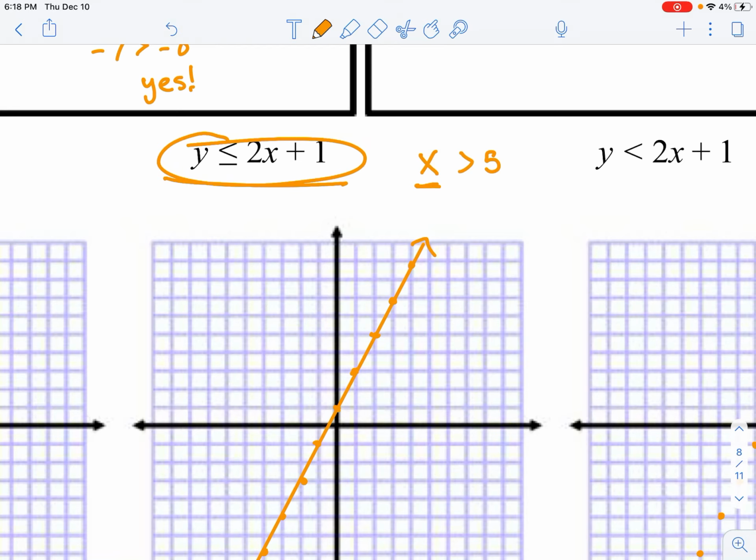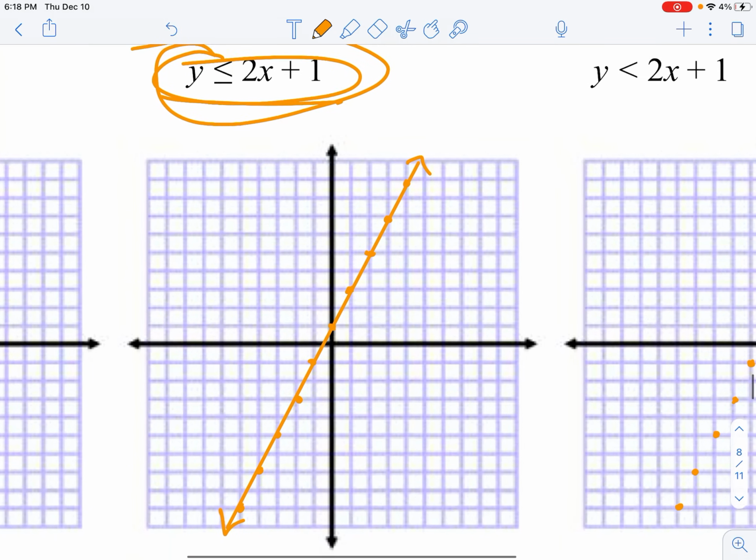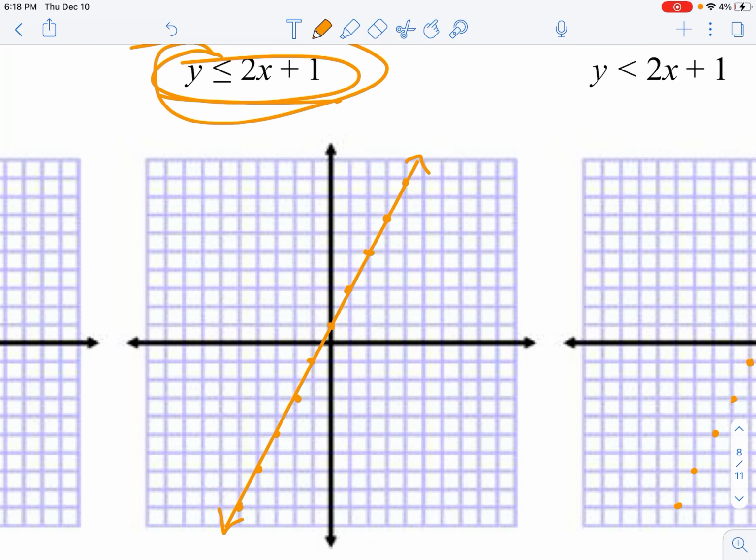You could put in infinite numbers. You could do 6, you could do 7, 8, 9, 10. Those are all solutions up until infinity. That's how many solutions there are. Same situation here. This is just a little bit more of a complicated equation. We still have an infinite number of solutions, x's and y's, that would make that statement true.